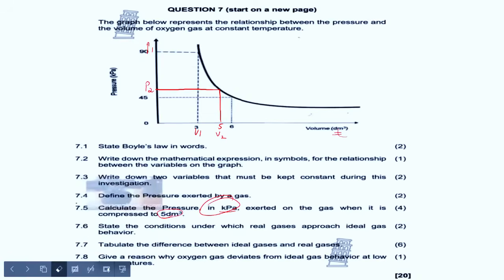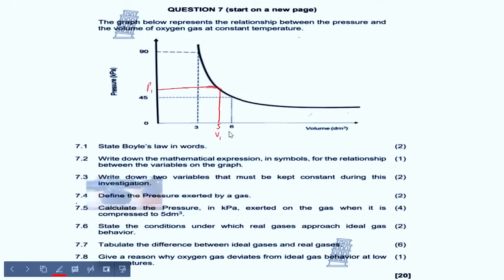In this case, you would say this is still my 5 dm cube. But right now, because this volume is coming before the 6, so this is 5. So this would be V1, and it will correspond to the P1, which you don't have.